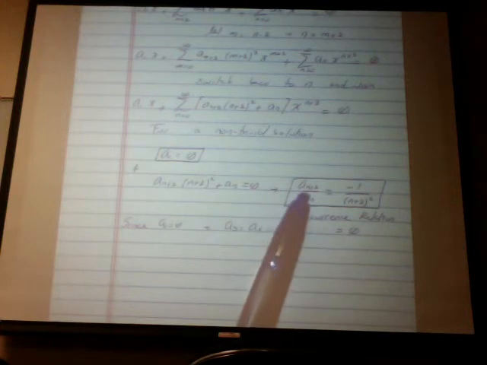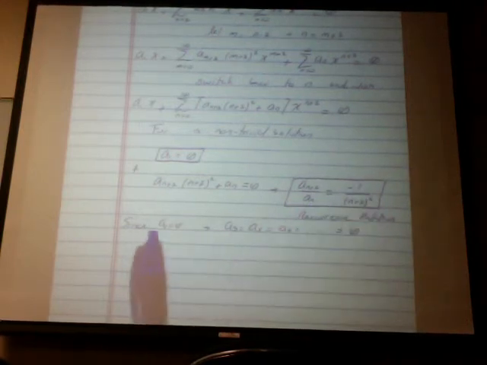So when n is equal to 1, a3 is equal to this times a1, and a1 being 0 makes a3 equal to 0. And you can say the same for a5, you can say the same for all the odd coefficients.